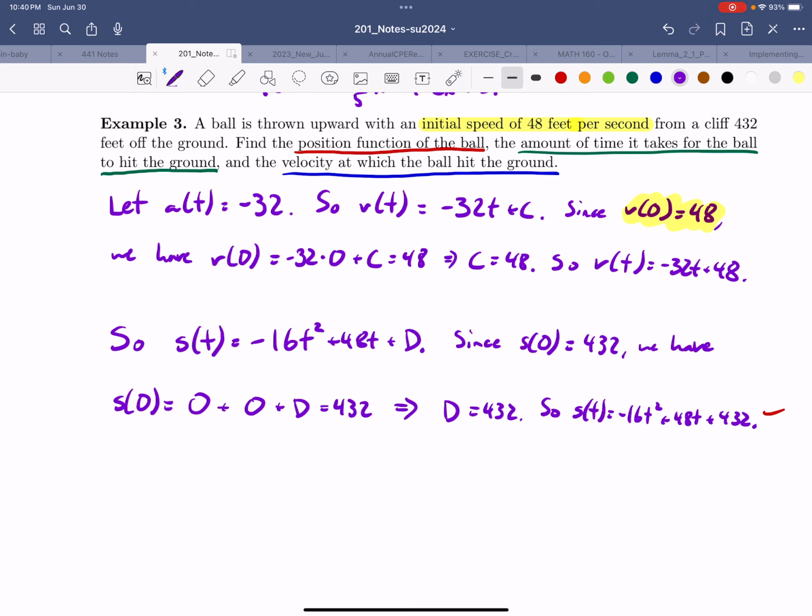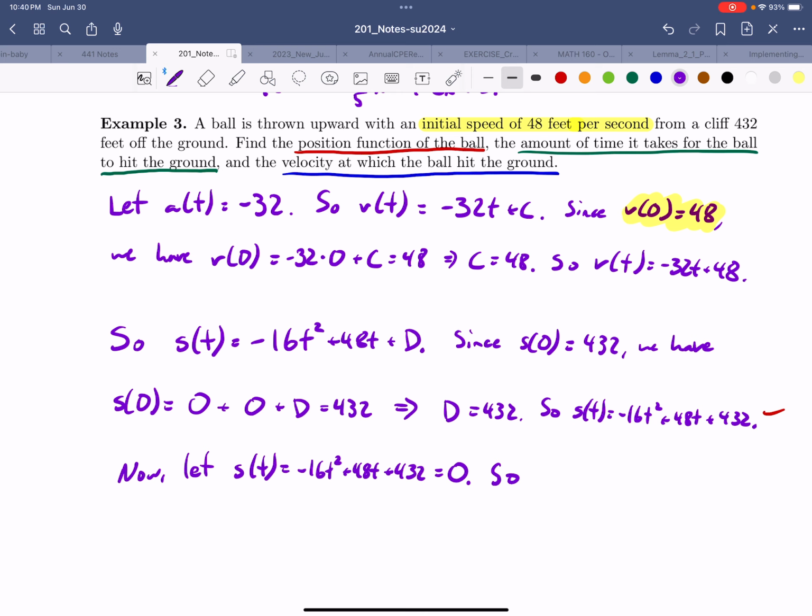Well, if we have a position function for the ball, then let's just set the position function equal to 0 and solve for t. So I'll say now, let s of t, which equals all this, equal 0.